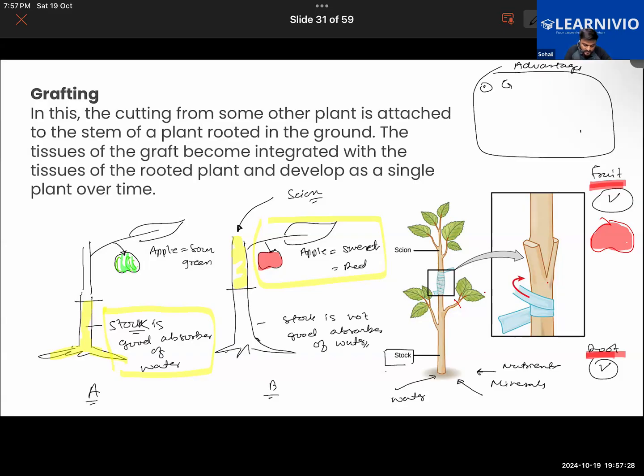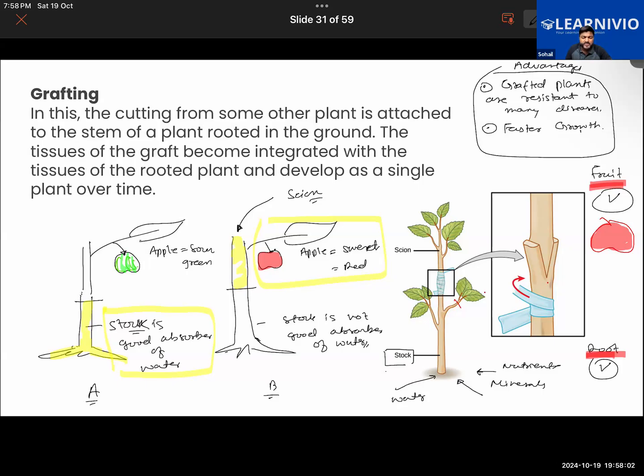The new plant will be called a grafted plant, and grafted plants are resistant to many diseases. Another advantage is that it grows faster. You don't have to wait for a year or two to get the fruit. Faster growth is seen in such plants.